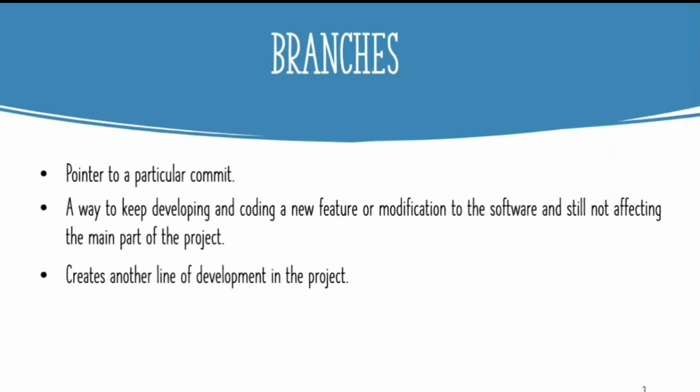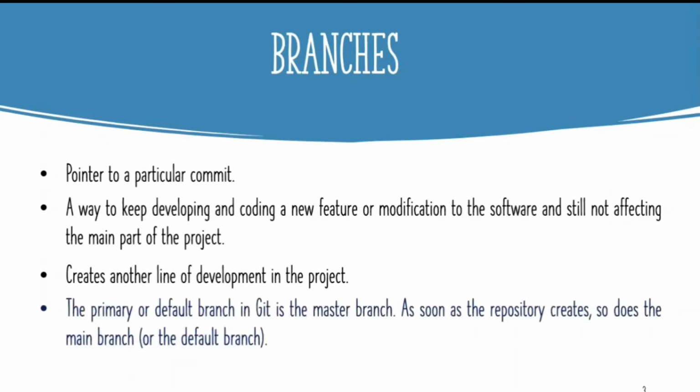So you can say that branches basically create another line of development in our project. And here is a very important point that you should keep in mind: the primary or default branch in Git is the master branch. As soon as you create a repository, a branch gets created, and that branch is nothing but the master branch, or you can say main branch, or it is also known as the default branch. So with this, I hope the definition is clear.